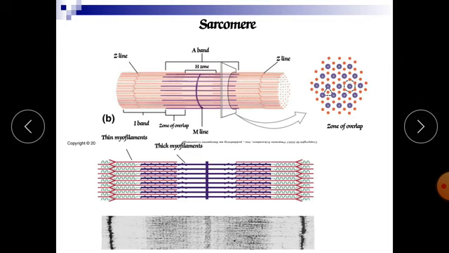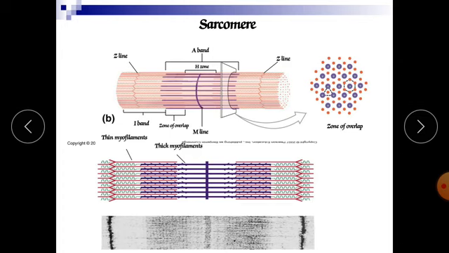Whereas the M line, this is the M line, as the name suggests, is the middle line of the sarcomere. And the Z disc is the narrow plate-shaped region of dense protein material.